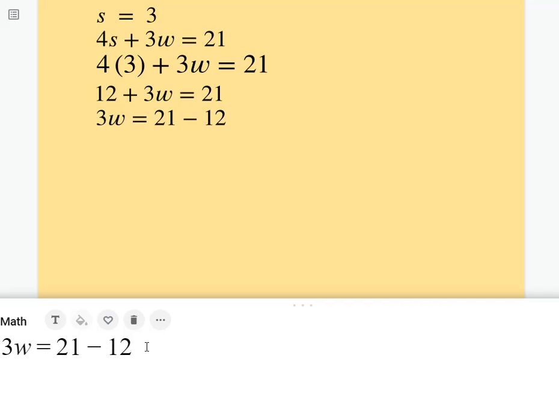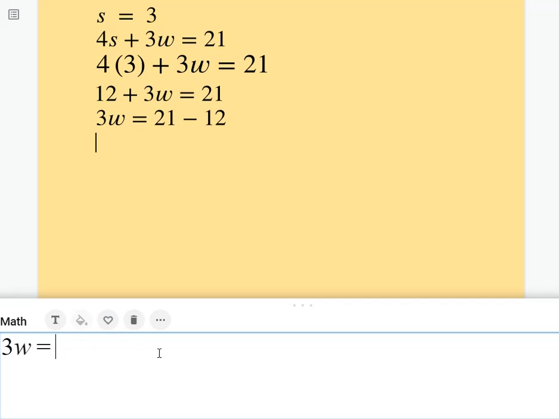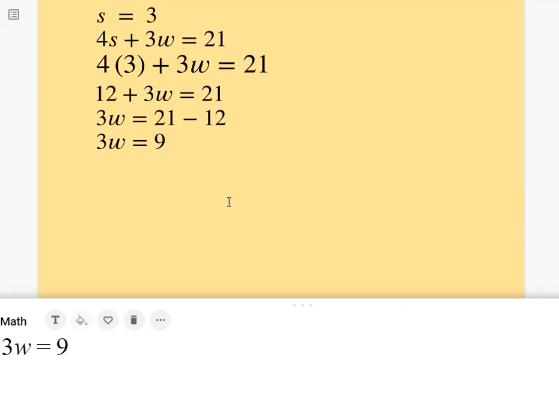What do you get? 9. So 3W equals 9. We just go step by step, that way when you read it, you understand what we're doing.